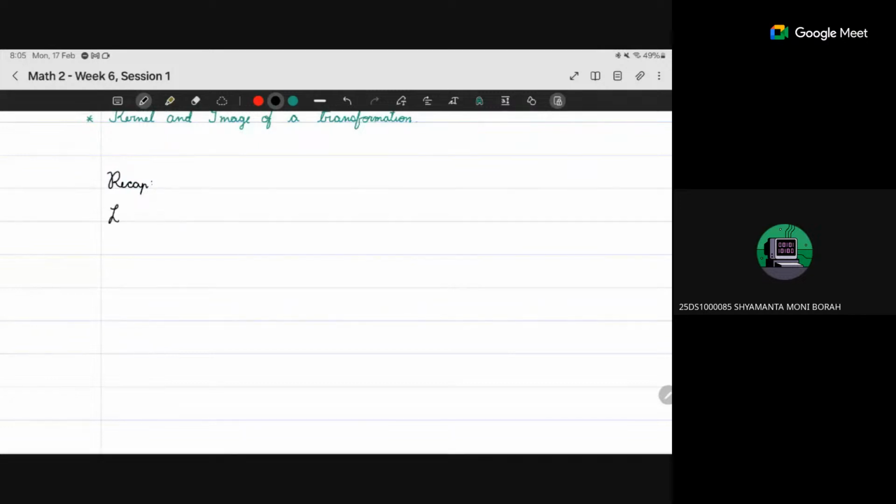So what is a linear transformation? A linear transformation is a function between two vector spaces which satisfies certain conditions. So if you have vector spaces V and W, now V and W come with their own plus and dot, correct?